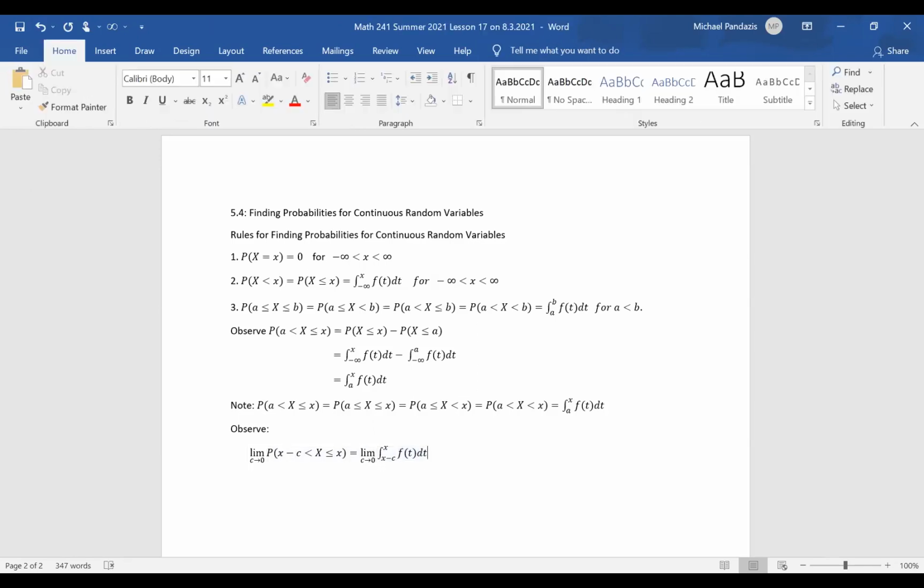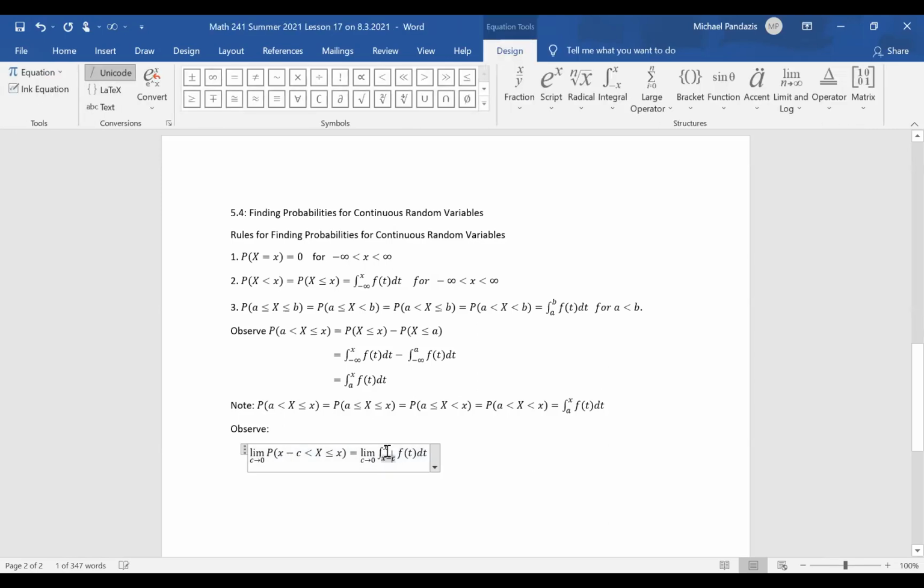Now if you're taking the limit, the bottom limit of integration is approaching x, so the definite integral from x to x would be 0. So the limit of these definite integrals is approaching 0 because the limits of integration are approaching the same value. They're both going to be x, and if you integrate from x to x of any function, it's going to be 0.